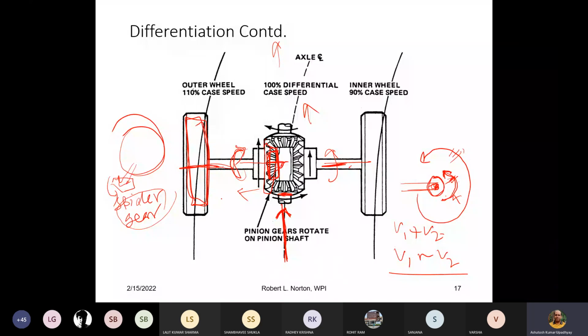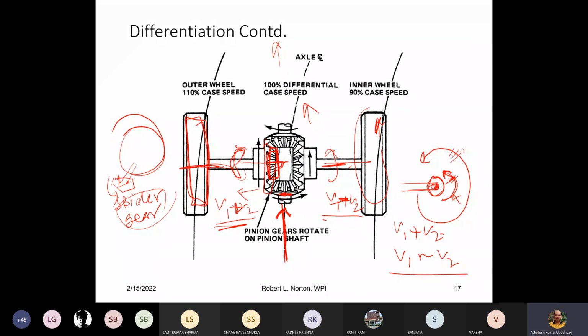So the inner one, I'm sorry, the outer one will be getting V1 plus V2, and the inner one will be getting V1 minus V2. So the speed reduction we are able to perform.